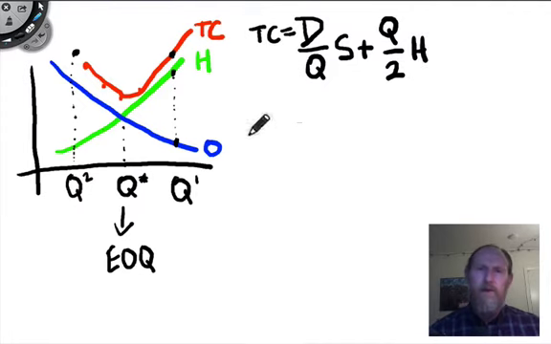So at any point along this range, that's what the total costs equal.